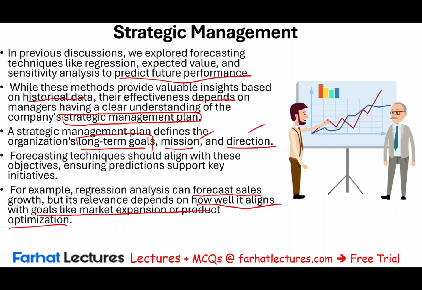What does that mean? A company could forecast their sales growth. Perfect, we can do that through regression. That's our tool. Is the forecast aligned with our objective? What is our objective? Our objective could be market expansion. Our objective could be profitability.